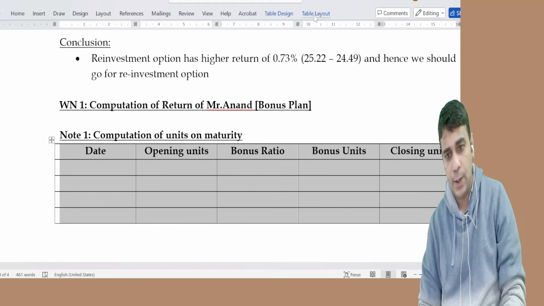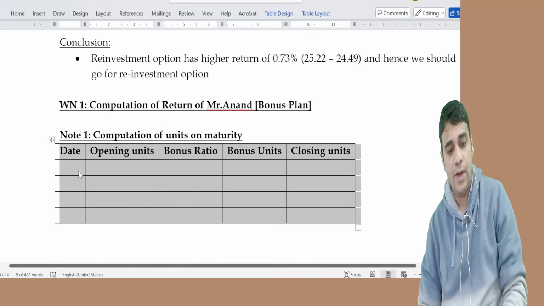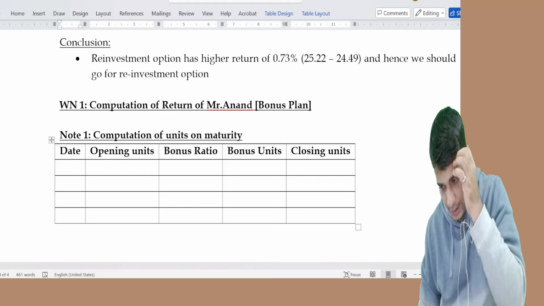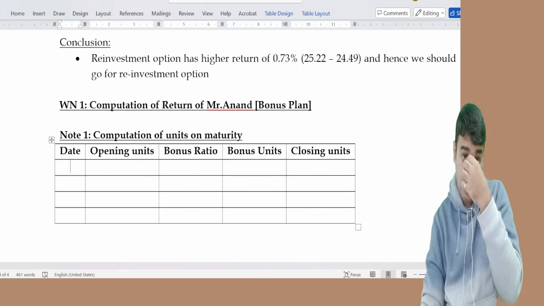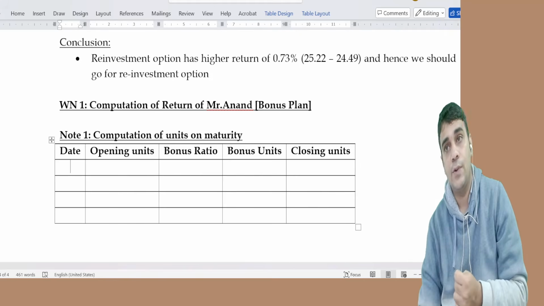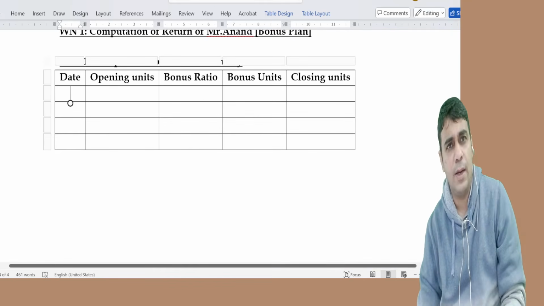Our opening units and closing units are not going to match here, so that is why we are doing the units calculation. Date, opening units, bonus ratio, bonus units, closing units. Calculation and all is going to be simple only.